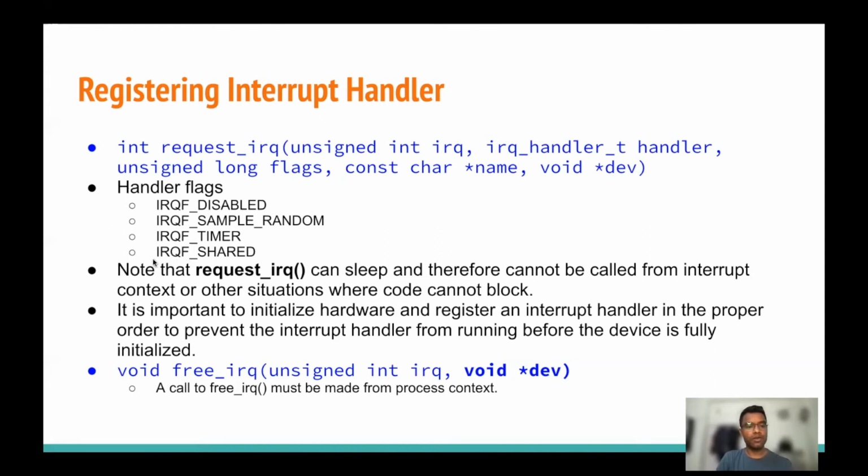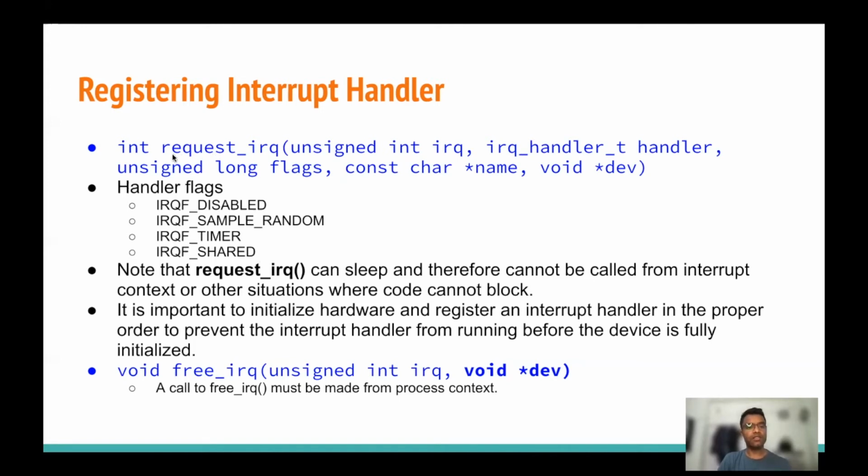And when we specify IRQF underscore shared, it means that the interrupt line is shared by multiple devices, and multiple devices will give interrupts on this interrupt line. So we have to service all the interrupt requests from all the registered devices.